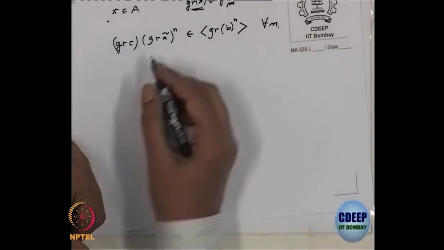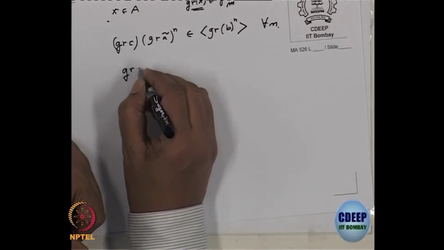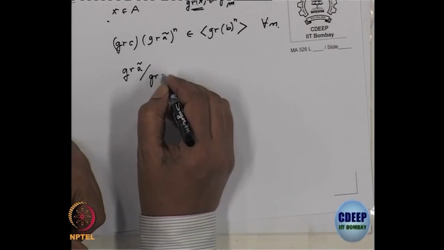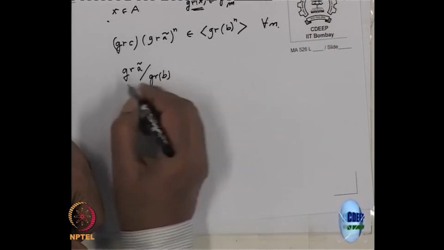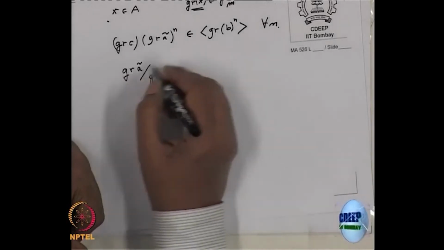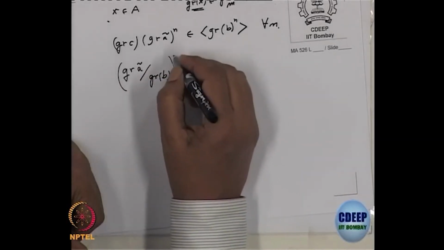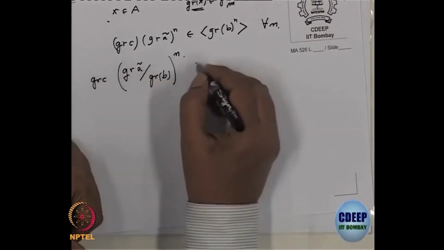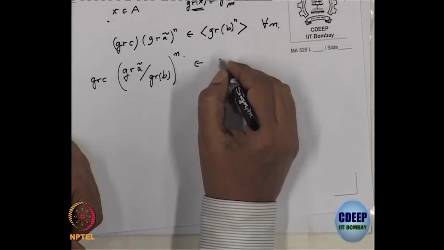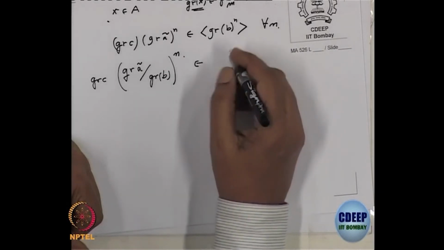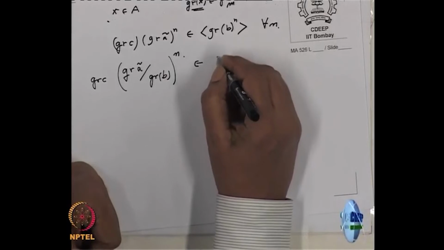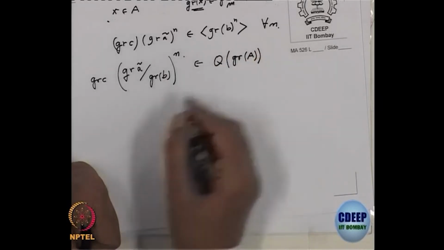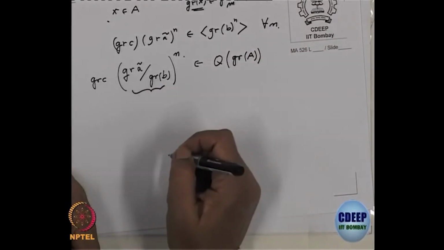That will mean that when I go mod, the element GR A tilde divided by GR B, its powers times the GR C will belong to the quotient field of GR A. You see, therefore this element is almost integral.